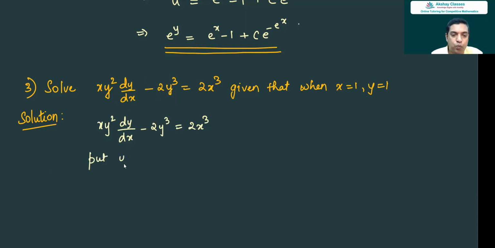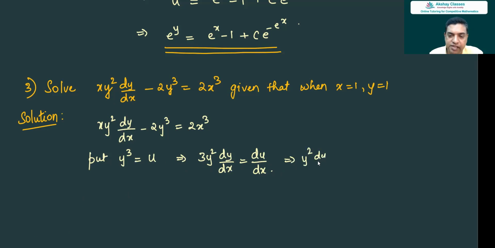Substitute y cube as, say, u, which implies 3y square dy by dx will be du by dx. So y square dy by dx will be 1 by 3 times du by dx.